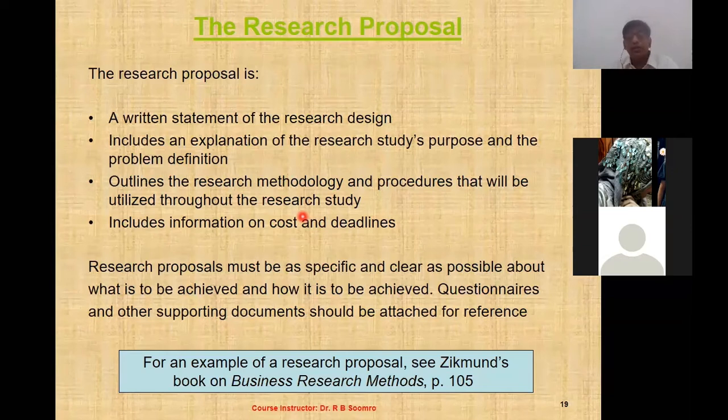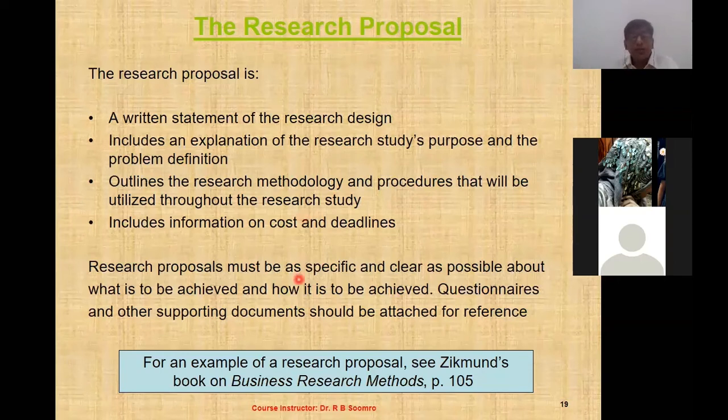Definitely, every project has certain deadlines. If there is no deadline, that means there is no project; it is an ongoing, lifetime project. Research is not a lifetime type of work. It has certain deadlines. Now the time may be 1 year, 1 month, 2 years. It depends upon the agreement between you and your client.